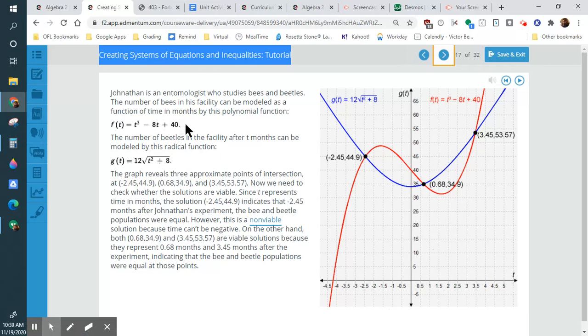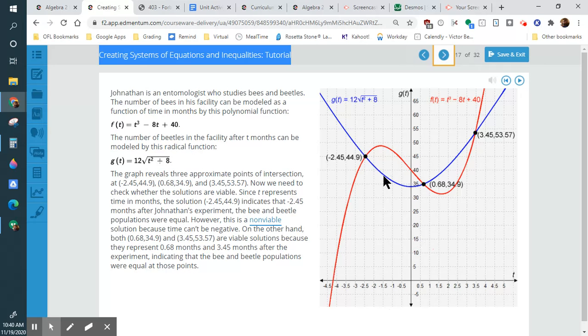So let's say, for example, this graph represented population over time. We can't have negative time. So even though the graphs act normal, like this is a graph that would represent it, in real life, you can't have negative time. So this isn't an answer. But these two could be an answer.